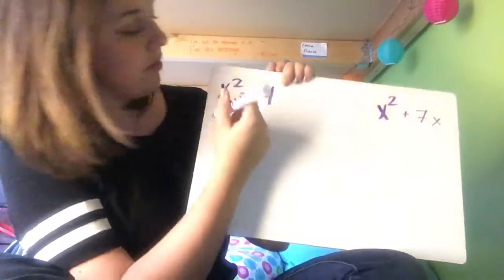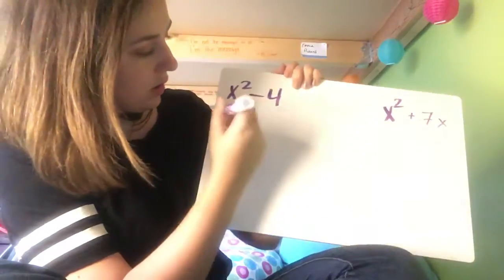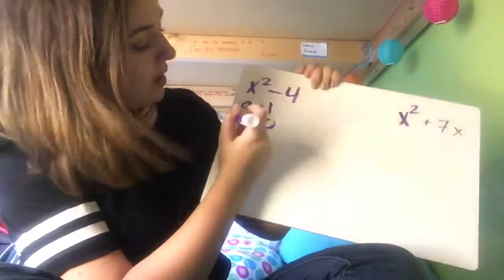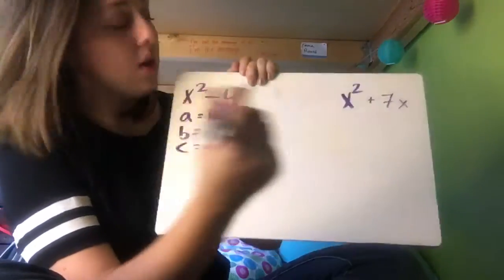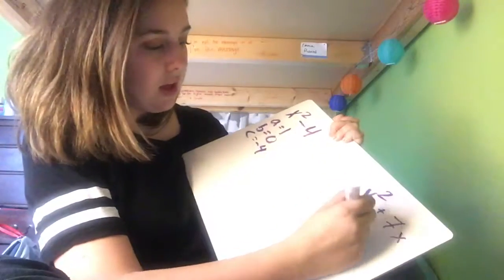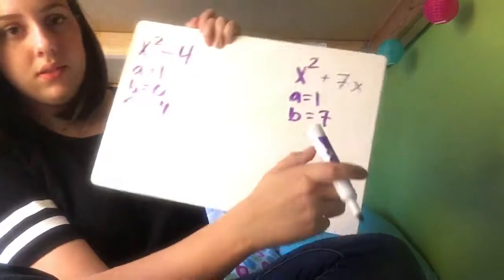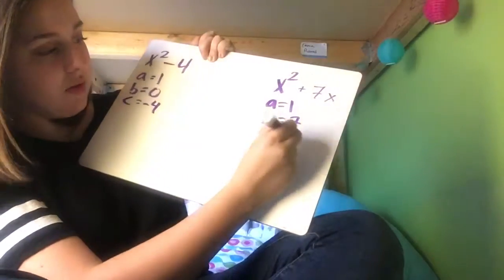In these two examples, here a equals 1, b equals 0, because there is no b, and c equals negative 4. Over here, a still equals 1, b equals 7, because plus 7x, and then c equals 0, because there is none.